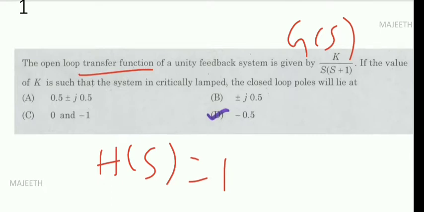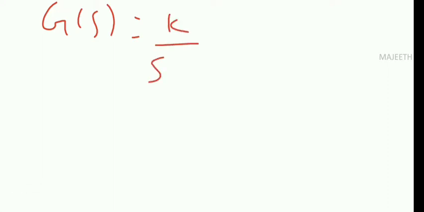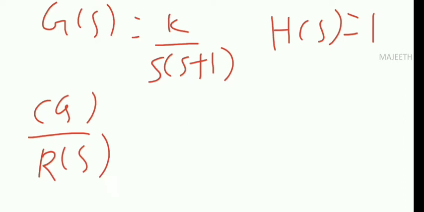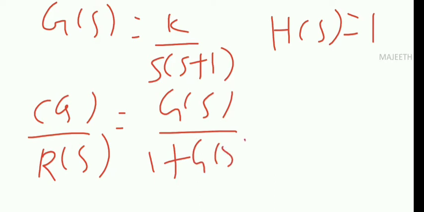So G of s is equal to k by s into s plus 1. H of s is equal to 1 because it is a unity feedback control system. So I have to find the k value for a second order system. First we find C of s by R of s, that is equal to G of s divided by 1 plus G of s into H of s.